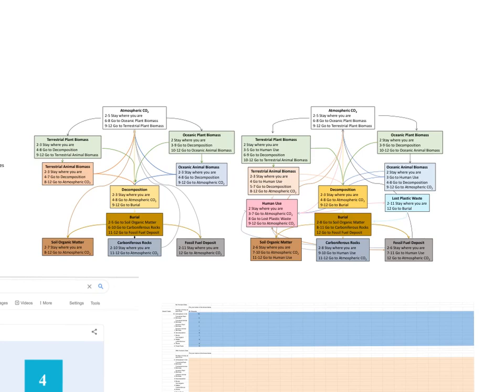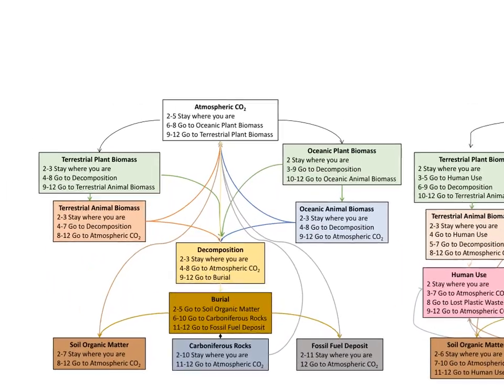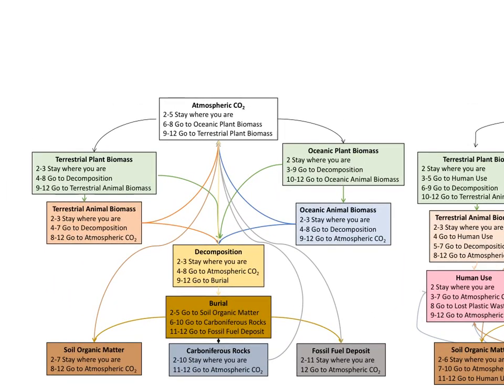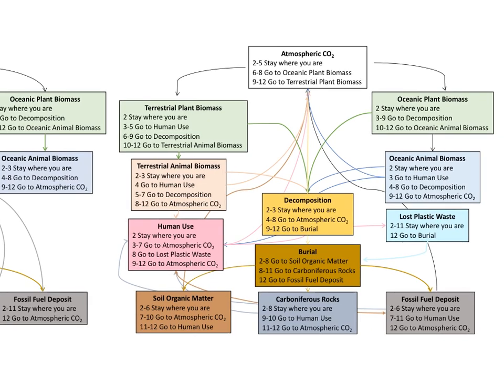This video is being posted on Tuesday, April the 28th, and it goes along with the video that I posted yesterday about the carbon cycle. What you will notice is that I have the same carbon cycles that we looked at in the video yesterday, without humans and with humans, but I've added in some numbers that tell you where to go in the carbon cycle, because today we're going to be doing a simulation to collect some data where you're a carbon atom that's flowing through the different pools and fluxes in the carbon cycle.